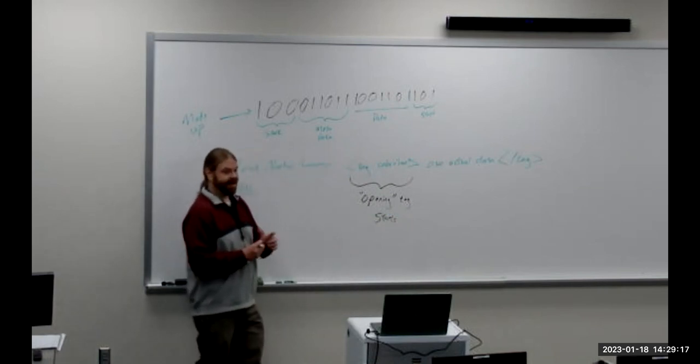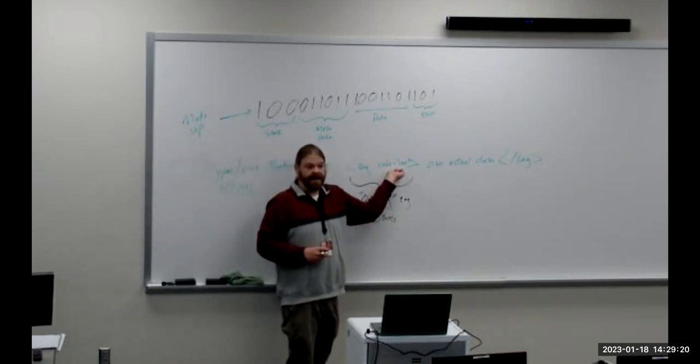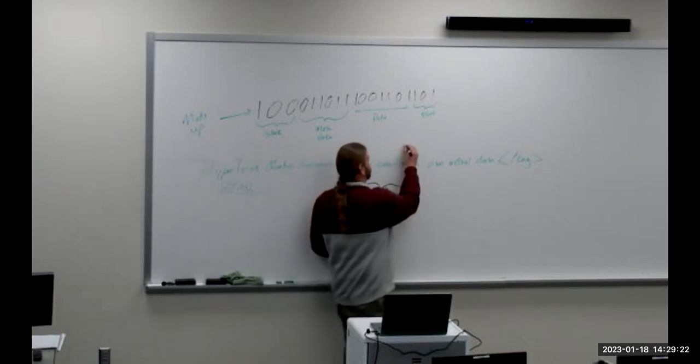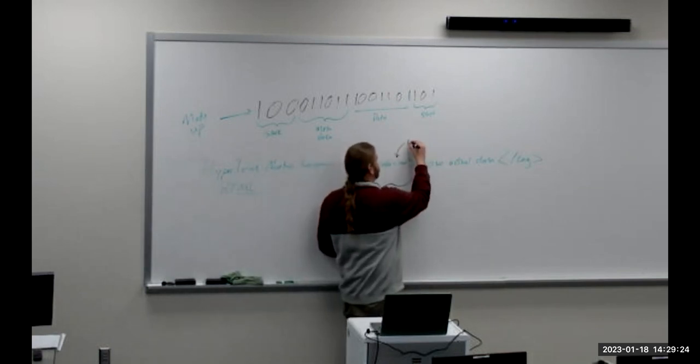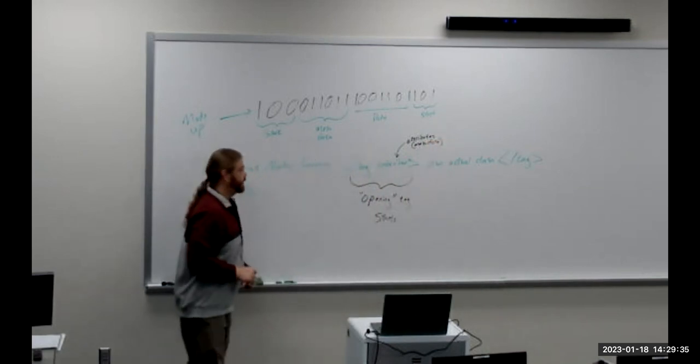And inside of that opening tag, we also have data about our data. So we have attributes, which are kind of like metadata, because it's other data just related to our data.